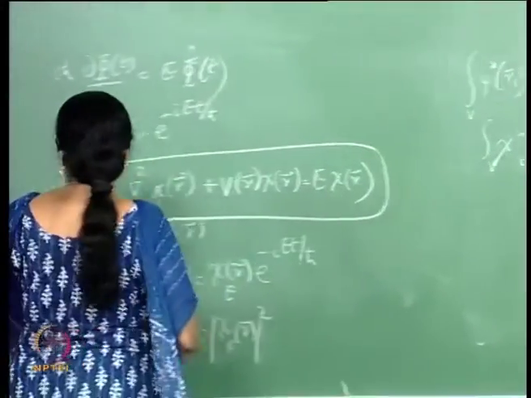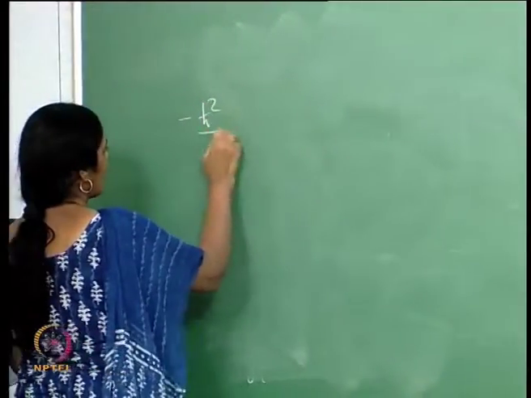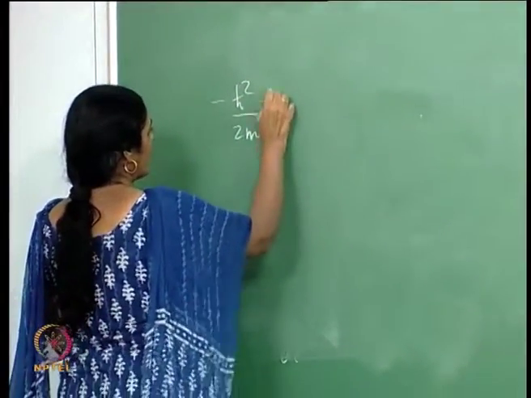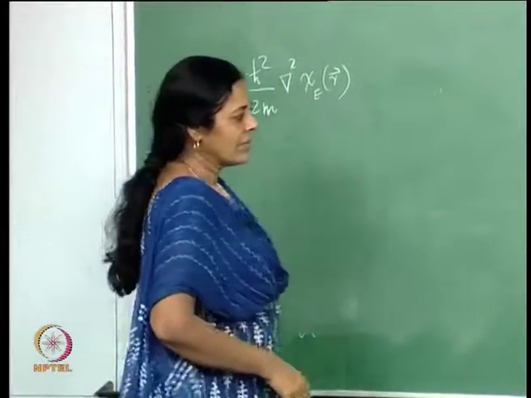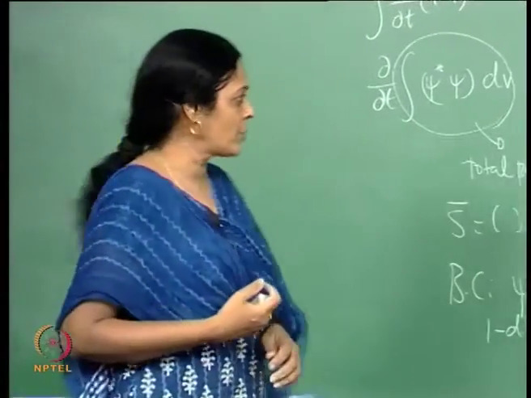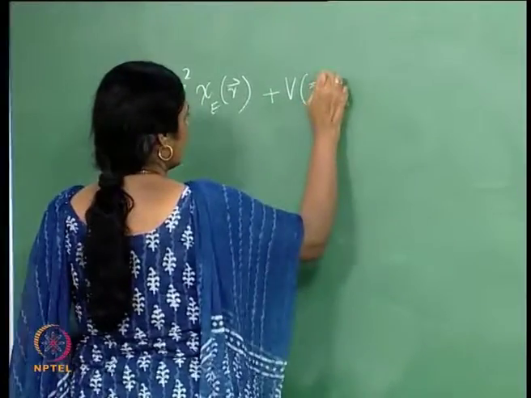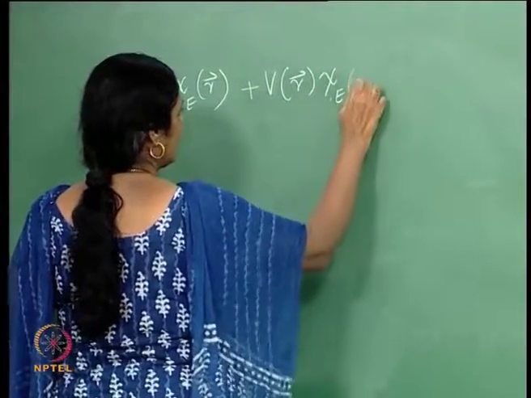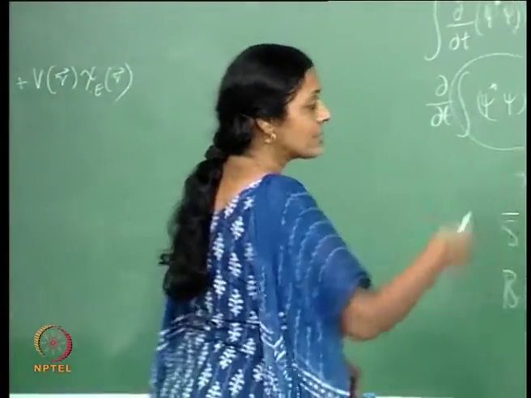So the time independent Schrodinger equation can be written this way: -ħ²/2m ∇²χ_E(r), that came from the kinetic energy, it came from p²/2m, plus V(r)χ(r), that came from the potential, is Eχ(r).